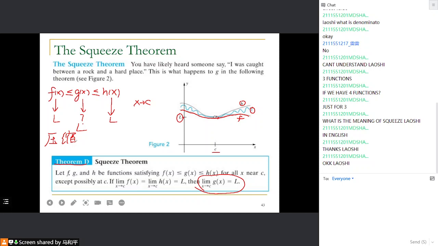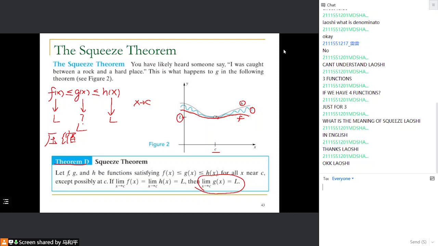This means F is here like this. Maybe you can see, the squeeze is like this.